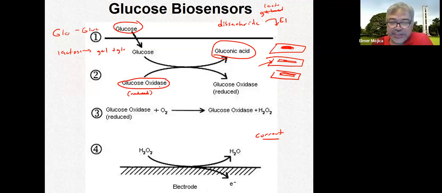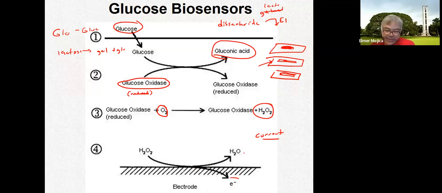So the glucose is acted upon by the glucose oxidase. The reaction is just based on this and this. So H2O2 is the one that is really being measured there. If there is less glucose, more hydrogen peroxide is left, and it will be acted upon in the electrode to produce the current.